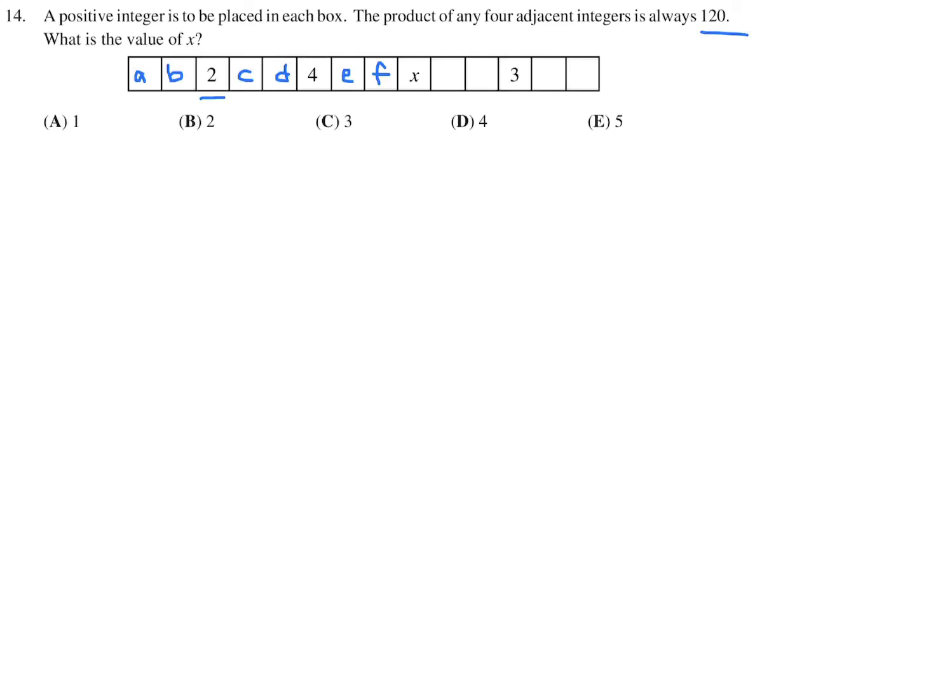So I'll first concentrate on these 4. 2 times C times D times 4 is equal to 120, right? Because they're 4 adjacent integers. So that means that C times D is equal to 120 over 8.